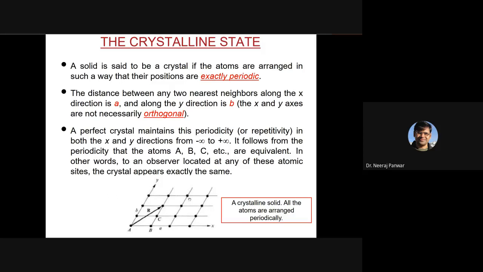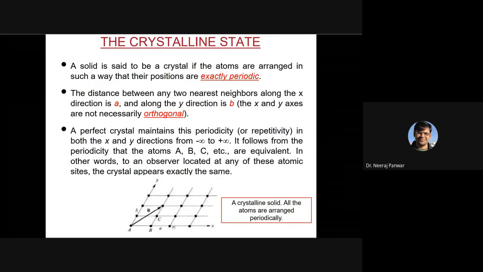If we look at this picture, we have a definite periodic arrangement. When we move from point A to point B along X direction, and we make a translation by amount a, we encounter another atom. Then again we move by a distance a, again we encounter an atom. So whenever along X direction we move by an amount a, we find an atom.